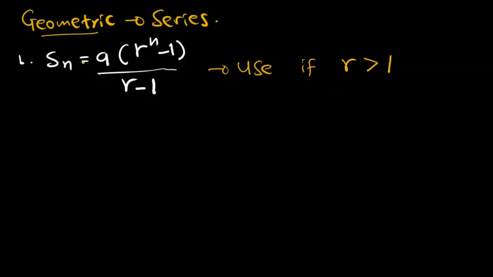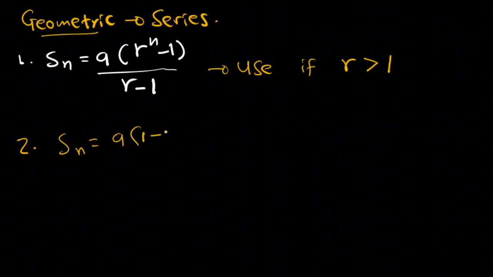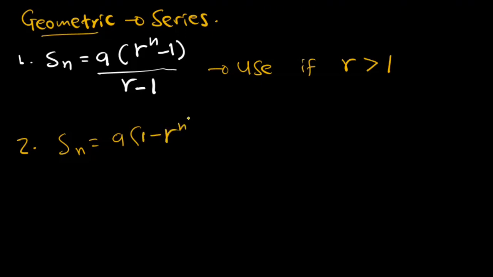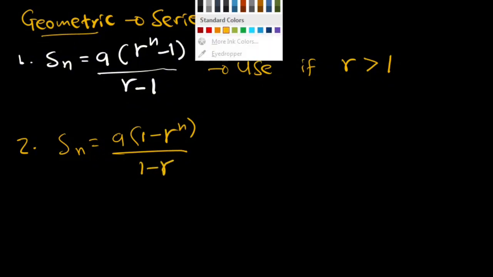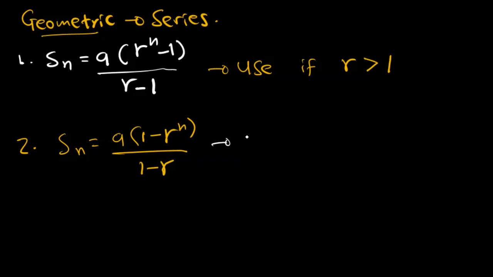Let's go to the second part. Sn equals A(1 minus R^n) all over 1 minus R. Alright? You only use it if R is less than 1.